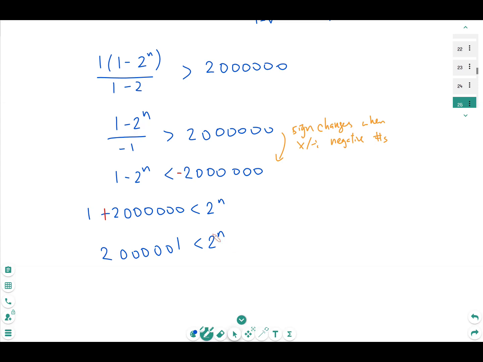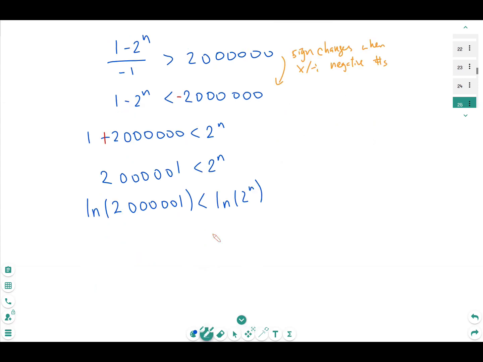So 2 to the power of n, we'll take ln on both sides, or take log, whichever you prefer. The reason we take ln is because we can use a power law to take out the value of n. So n ln 2 is greater than ln 2,000,001, and divide by ln 2 across. So n is greater than ln 2,000,001 over ln 2.